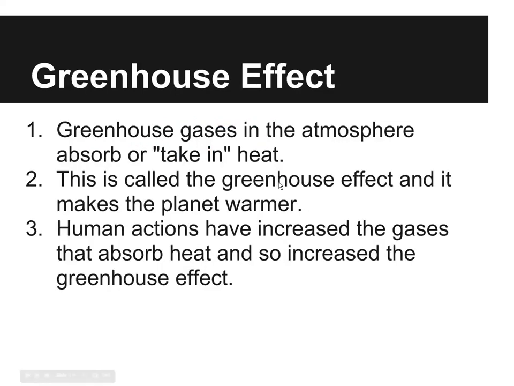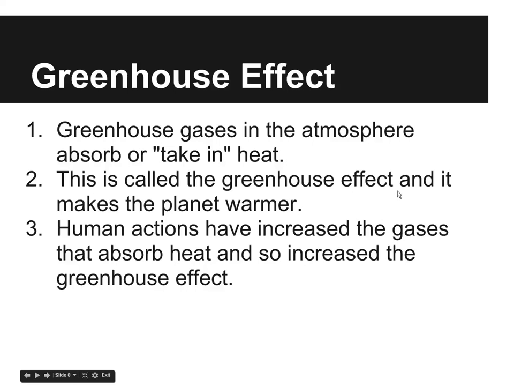Let's talk about the greenhouse effect. The greenhouse gases in the atmosphere absorb or take in heat. There's a group of gases, and you don't have to know these specific gases. Carbon dioxide is probably the most famous one, but there are others like methane. These gases are really good at absorbing heat, so we call them greenhouse gases.